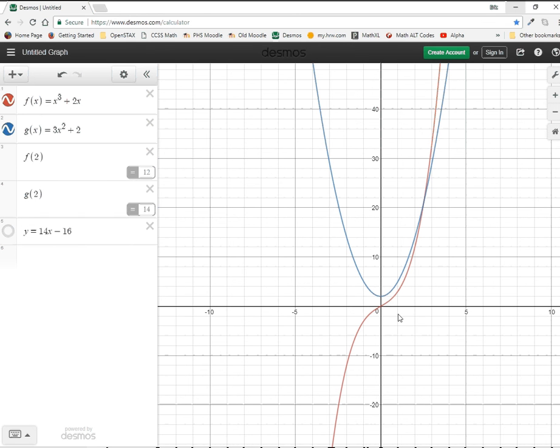See what I'm saying? Okay, and this is what you've got to kind of wrap your brain around here. It takes a little practice. What is the value of the blue function equal to? The slope of the red function, right? Yeah, so the slope of the red function is the value of the blue function.